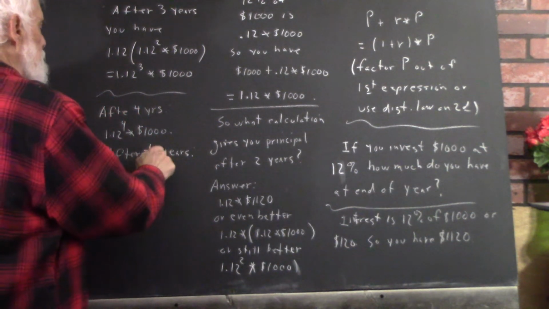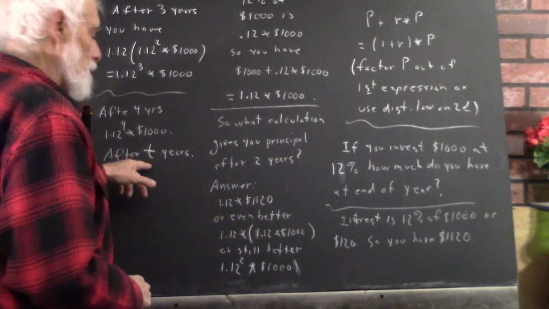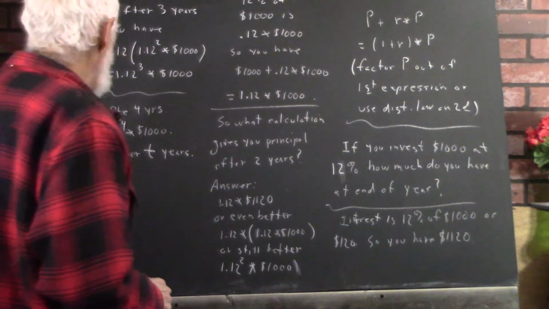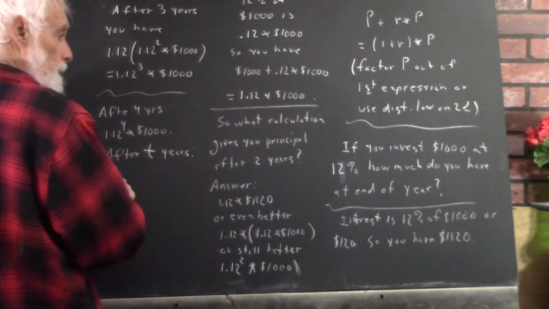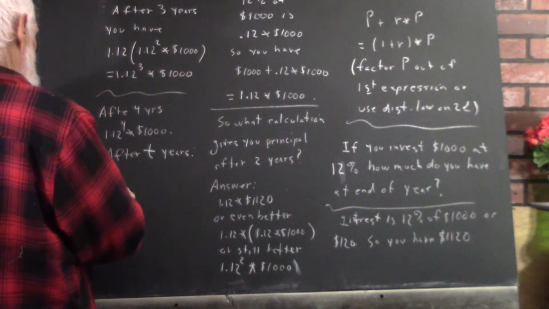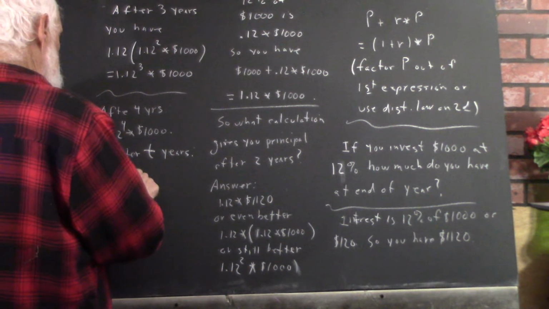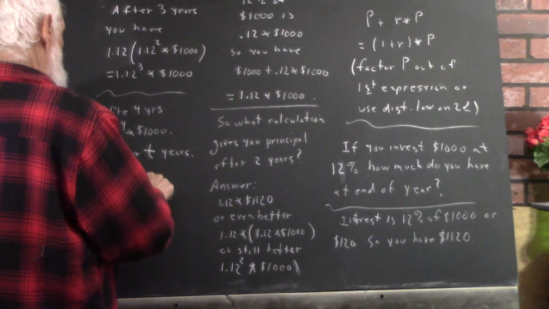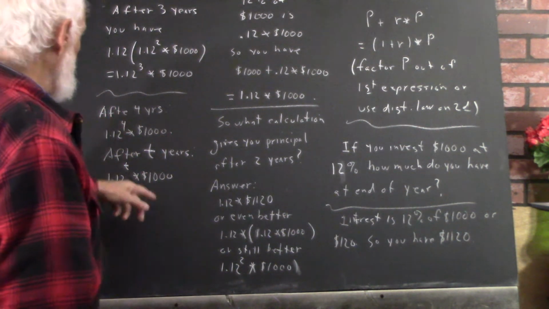What about after T years? What would you get after T years? Well, I think you're going to get it. I'm not giving you time here, because among other things, I've got the camera on. It'll be 1.12 to the T times $1,000.